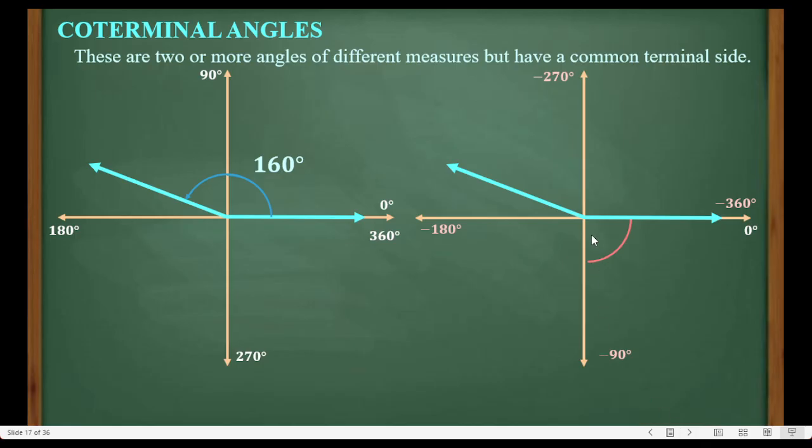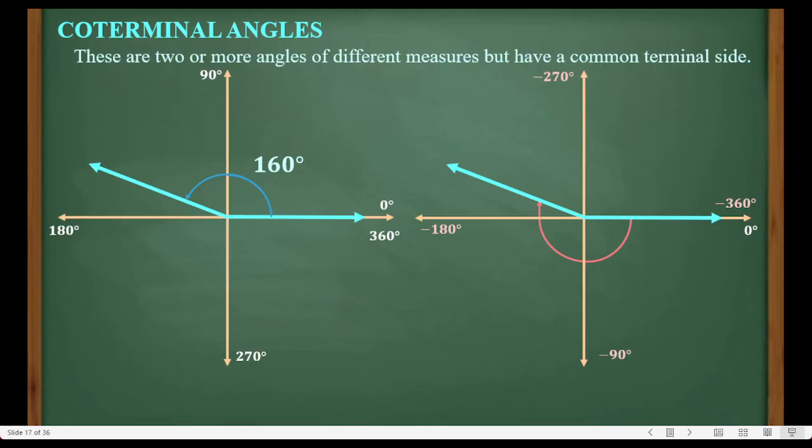From the initial side, an angle is about to be generated in a clockwise manner. So follow the red direction. And it terminates at this position, which is actually the same as this terminal side.